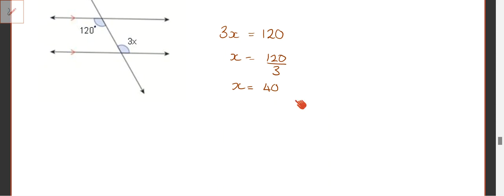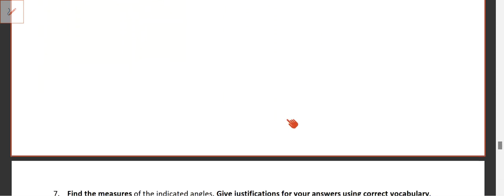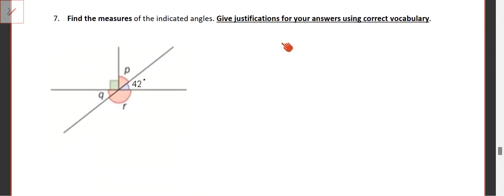All right, to finish off then. Lots of people knew exactly what was going on, but this was a vocabulary missed chance. So we know that P is complementary to 42.